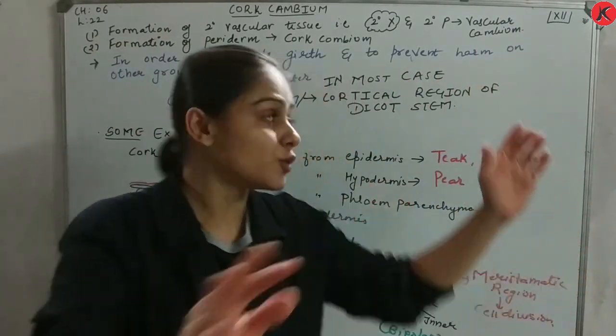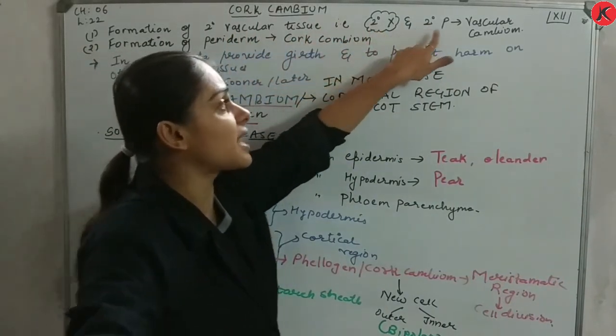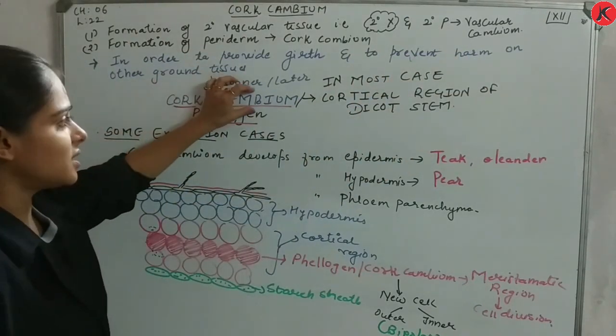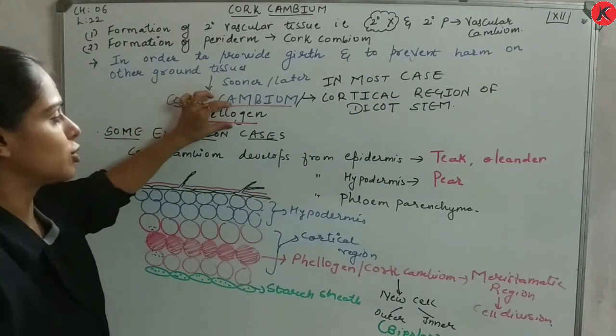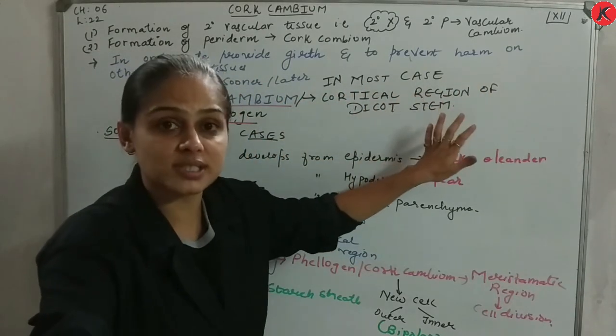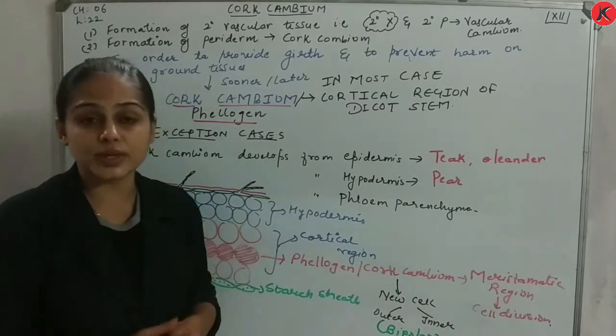Vascular cambium results in formation of secondary vascular tissues, that is secondary xylem and secondary phloem, and this cork cambium or phellogen develops in cortical region of dicot stem. Am I clear? ये मैंने आपको पढ़ाया. I hope you understood this really very well.